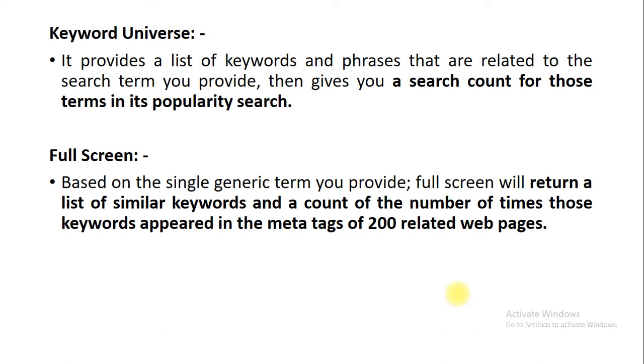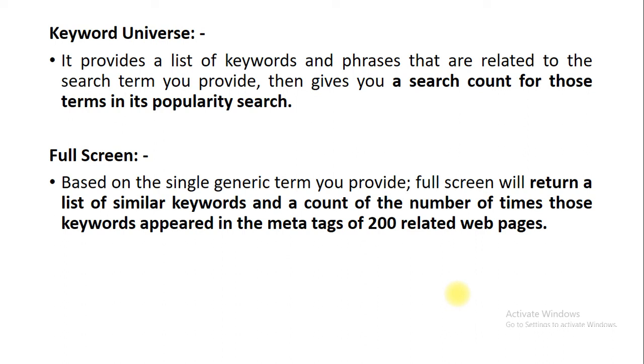See, ice cream is a general term, but yummy ice cream or chocolate ice cream, that is called popularity of search. So instead of applying a simple search, Keyword Universe gives you a search count for those terms in their popularity of search. Next is called full screen, which is based on a single generic term you provide.